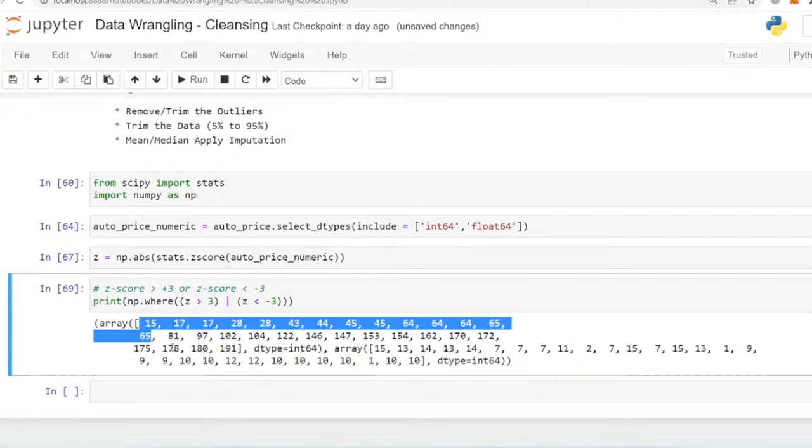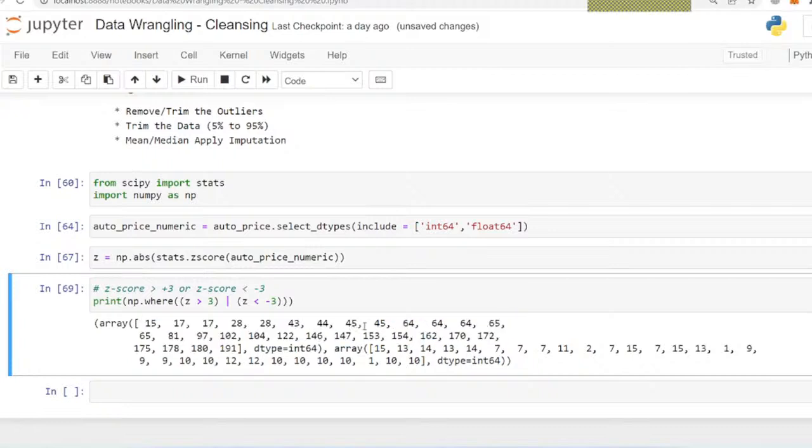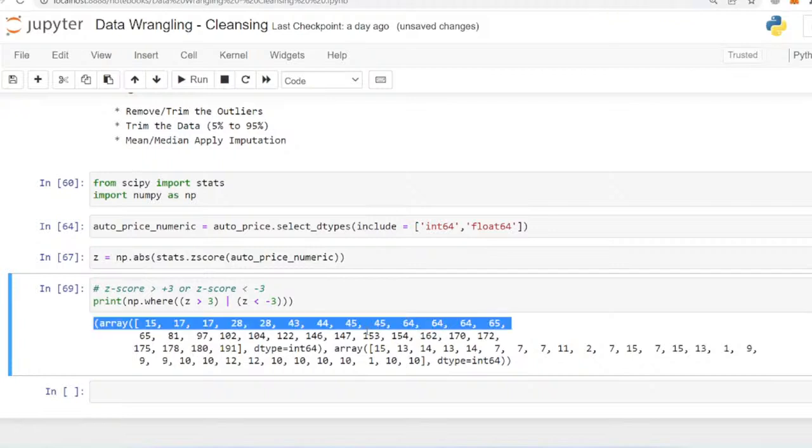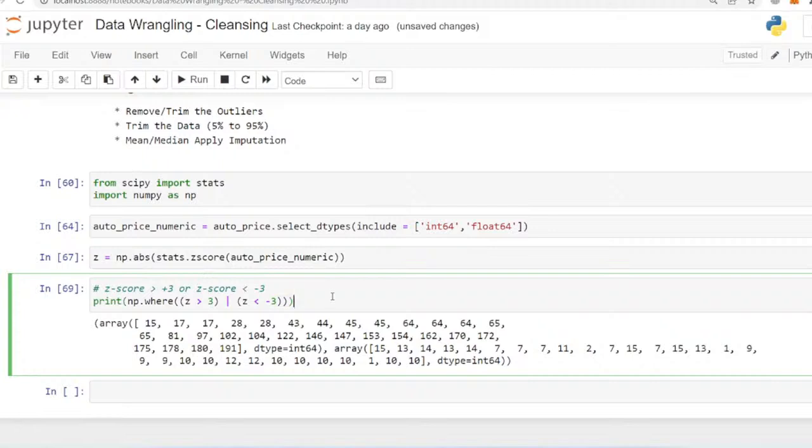Just look at this part, and remember that some of the values are getting repeated, and the reason is pretty simple: there are multiple columns in this case. They will give their own indexes. The other column will also give its outlier positions. That's why they are repeated for all the multiple columns.